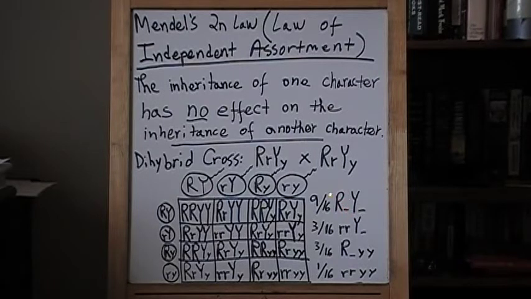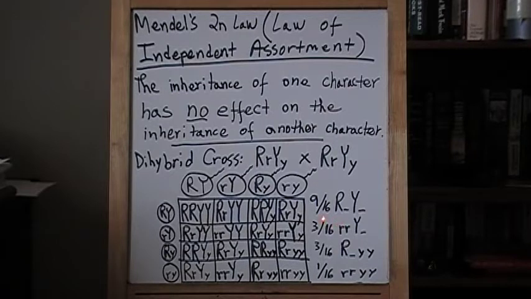It doesn't matter because as long as you have one large one, it doesn't matter what the other one is. So in terms of the phenotype, round yellow seeds are going to be 9/16.